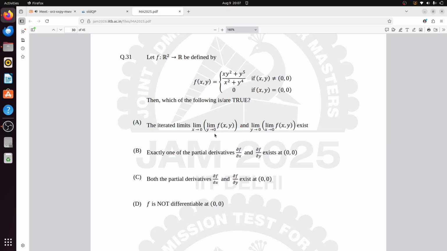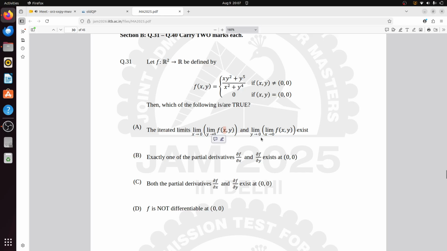If y tends to 0, you fix x. For the first one, x y square plus y to the power 5; if you fix x, then it will become... yes, because of y to the power 5. But I think the second one does not exist, right?